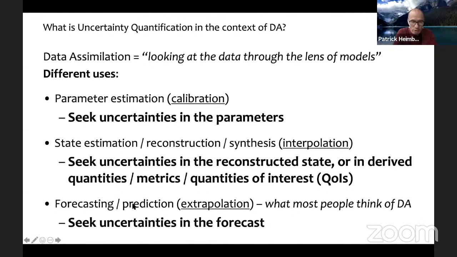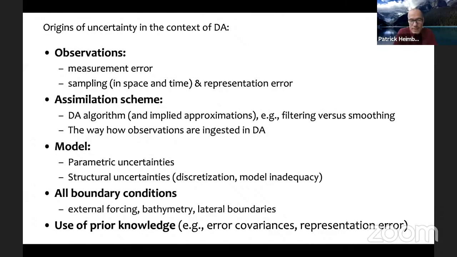Or, as Anish talked about, the forecasting prediction problem, which is an extrapolation problem, and there the uncertainty would be that of the forecast. Again, as somewhat repeated here, we have a number of sources of uncertainties that come into the data assimilation. The first one is, of course, the observations.